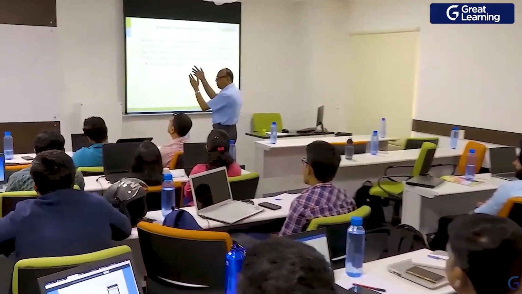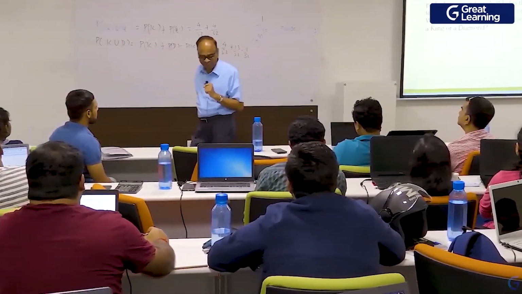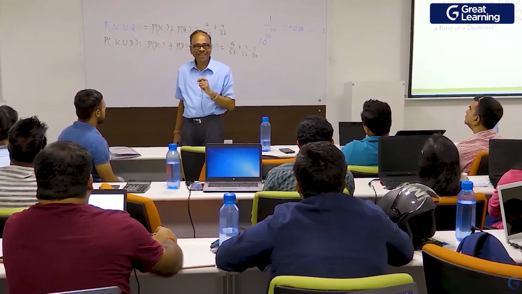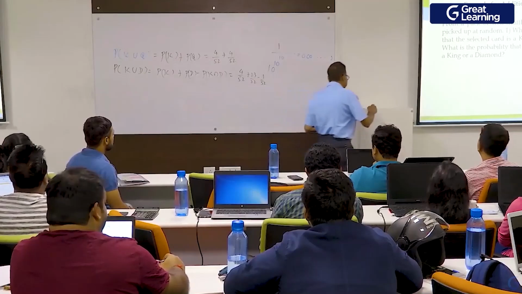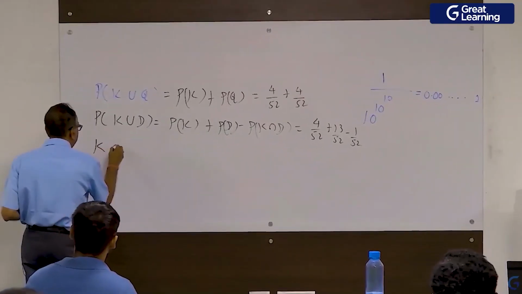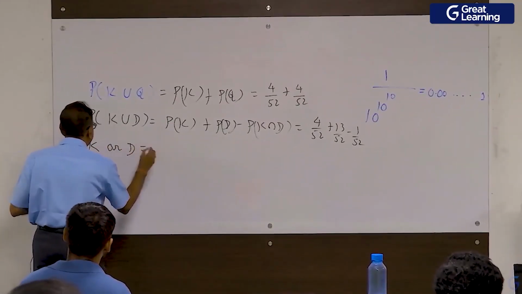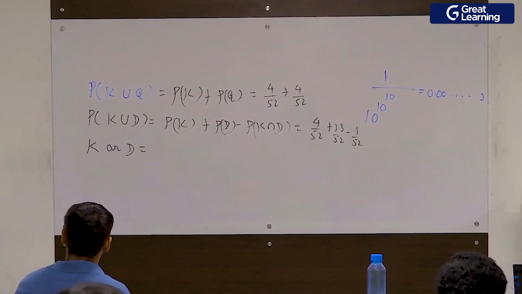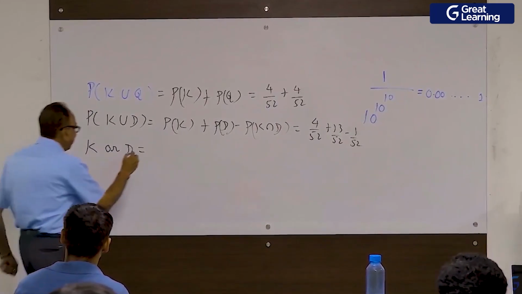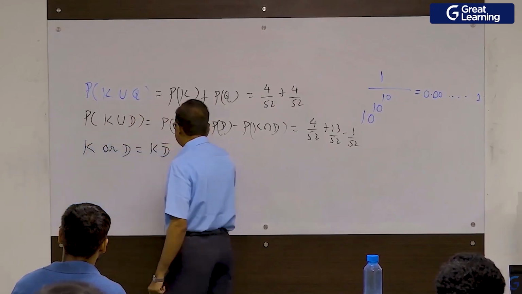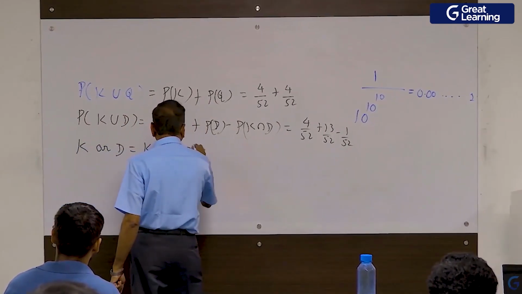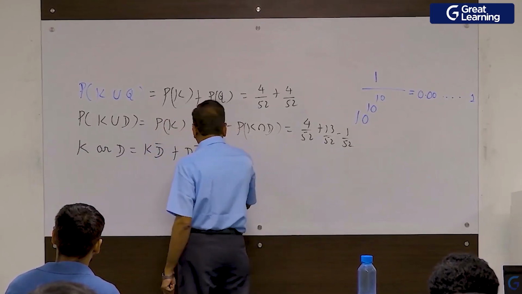I know only the formula, I do this. Now, if you use the Boolean principles, forget all this set theory, king or diamond is equal to, I'm not using probability first, king without a diamond, KD bar, plus diamond without a king, DK bar, plus king diamond.